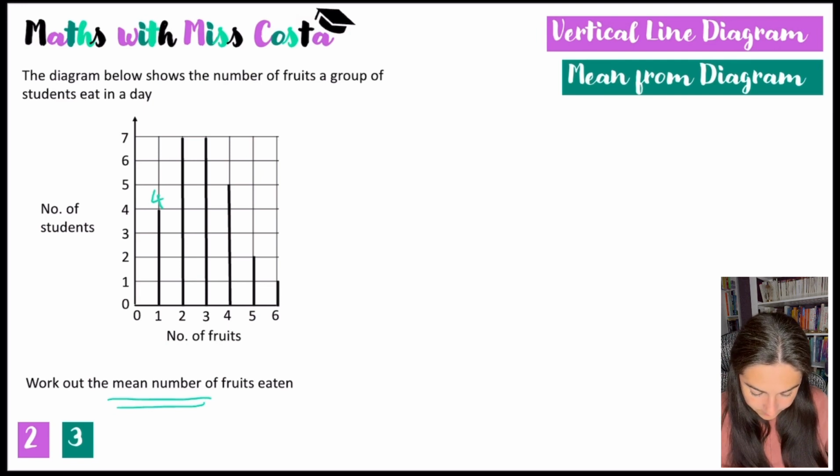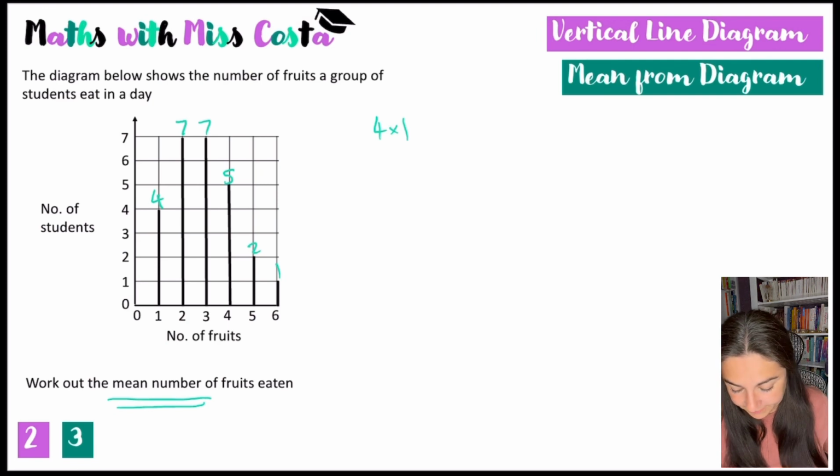So 4 students eat 1 fruit. Then that's 7, that's 5, and that's 2, and that's 1. So then 2 fruits are eaten by 7 students. So you could set up yourself a little frequency table.